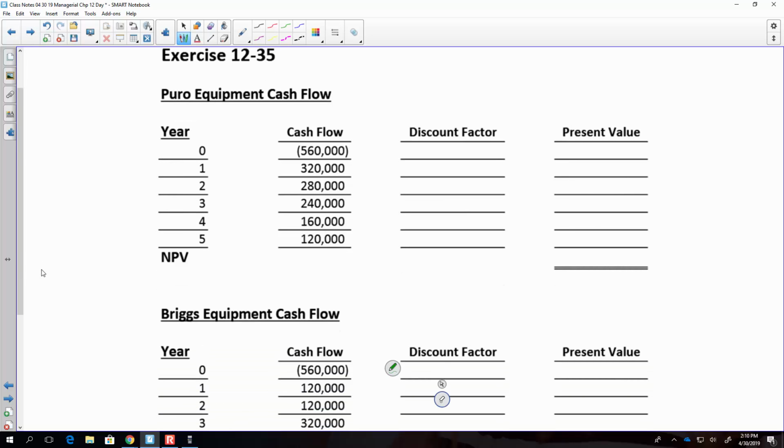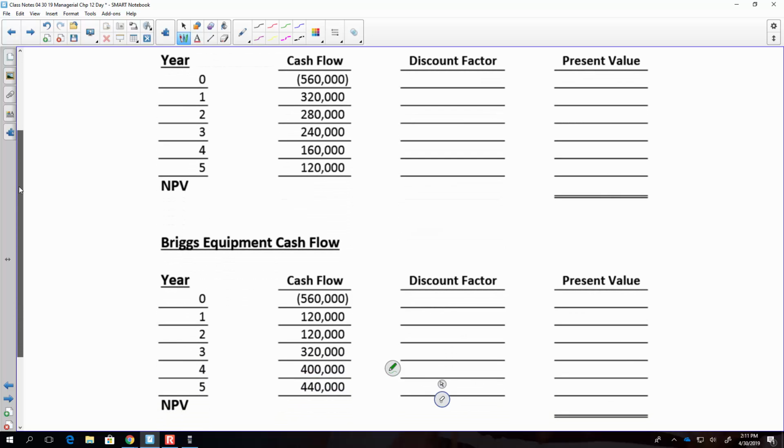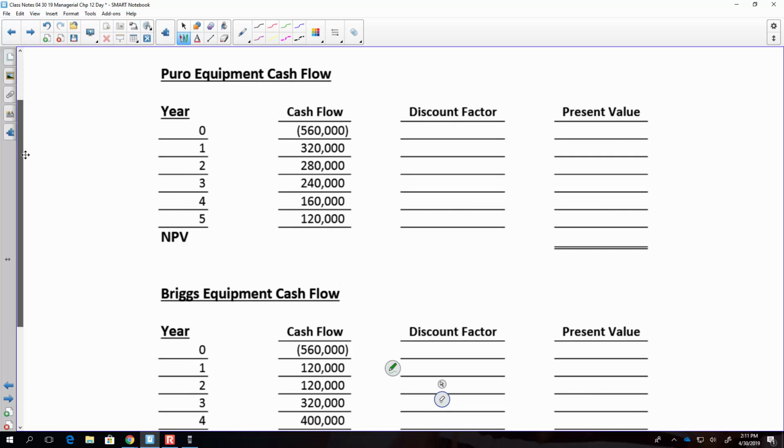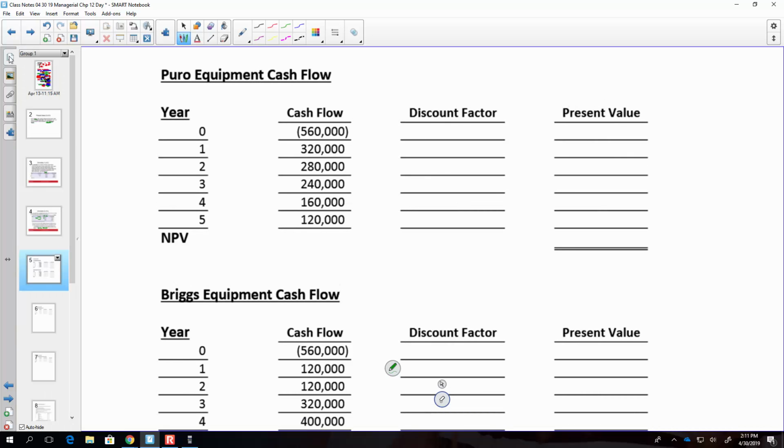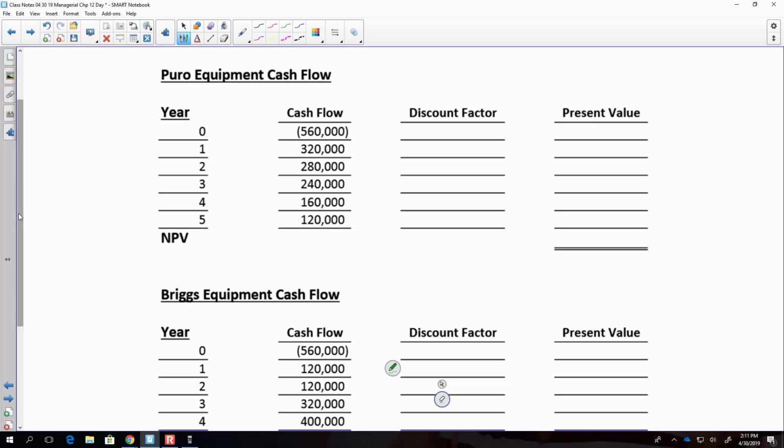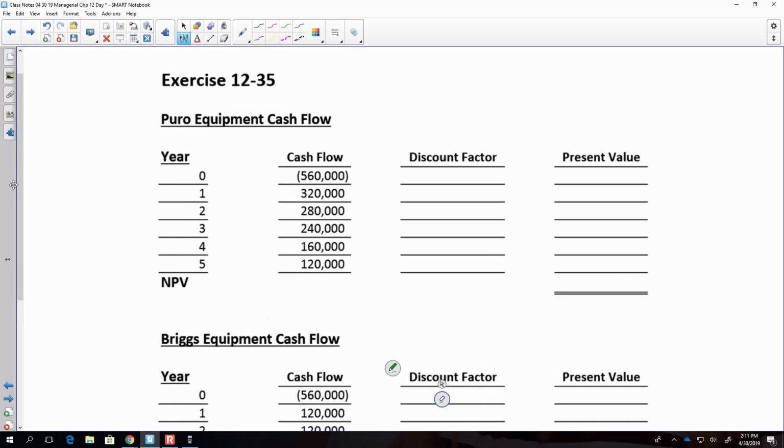Okay, I do want to do one of these, and I want to practice. Let's just do the first one before break. So this is Exercise 35.